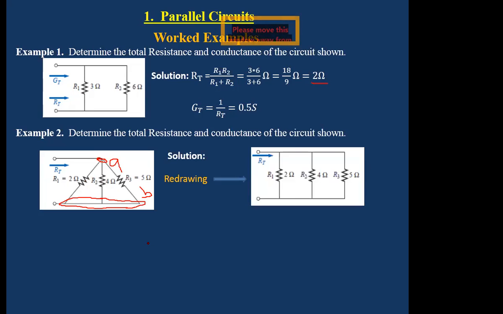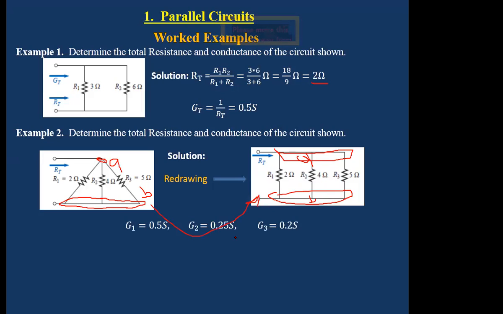But for some of us who want to have a sort of a photographic memory where you remember the way you saw things previously, you can still redraw and extend this point so that it becomes straight. Then you can also realize that again, we are still at point A and point B, and R1, R2, and R3 are still in parallel. So these two are the same circuit that you are observing there.